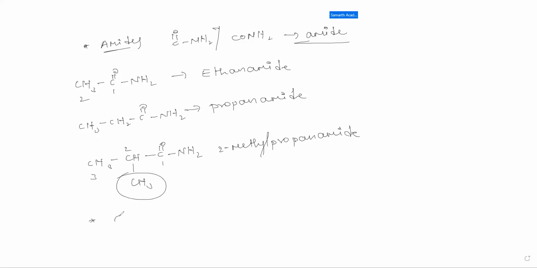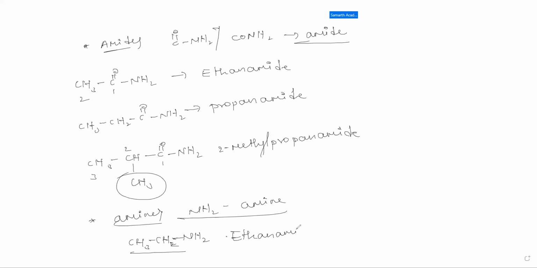When it comes to amines, the next functional group, that is NH2. The suffix is amine only. That is CH3 CH2 NH2. So this is ethanamine. So here 1, 2, 3.